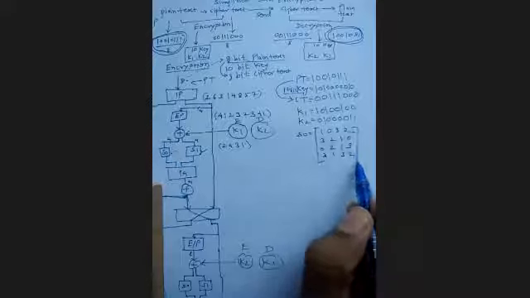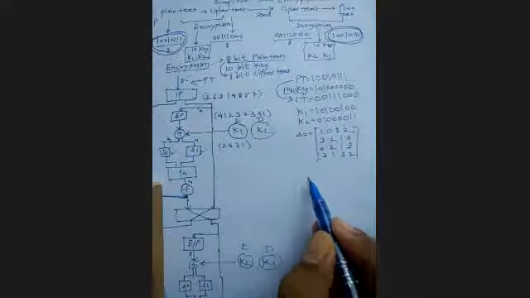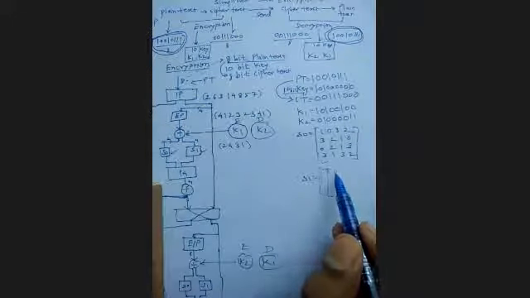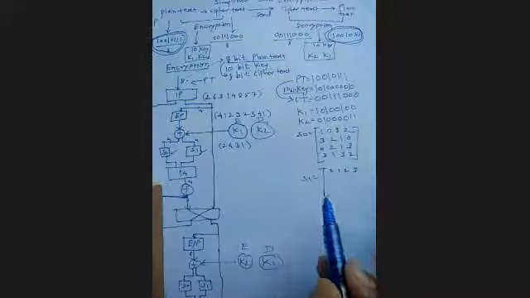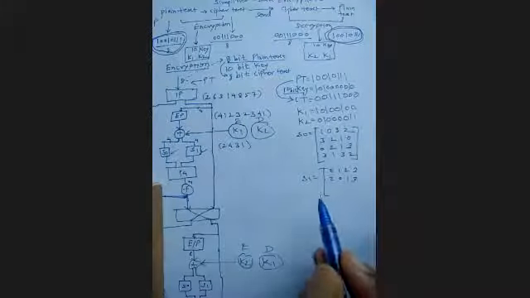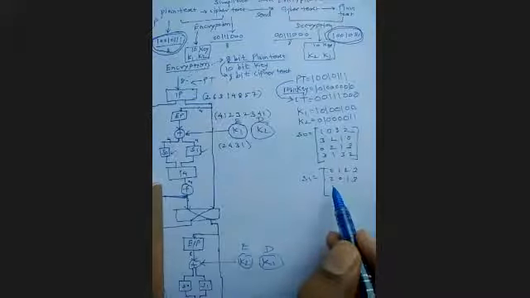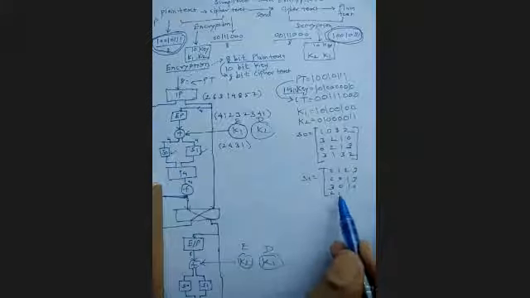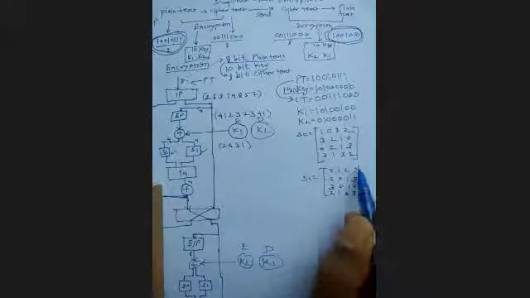This is my S0 matrix. Now what is my S1 matrix? S1 is 0 1 2 3, 0 1 2 3, 2 0 1 3, 3 0 1 0, 2 1 0 3. One question in your mind, sir, why are we using this S0 and S1?